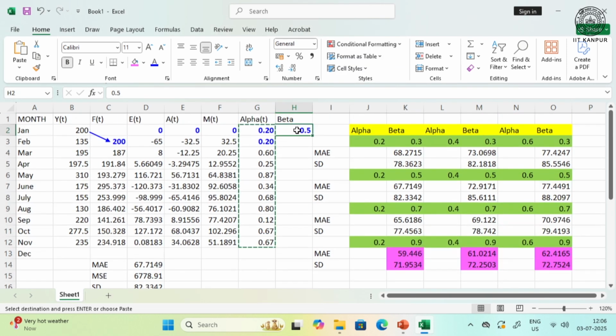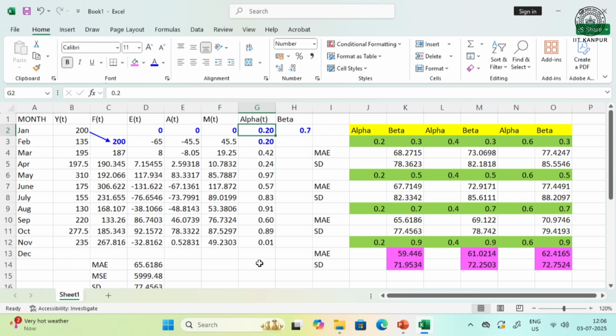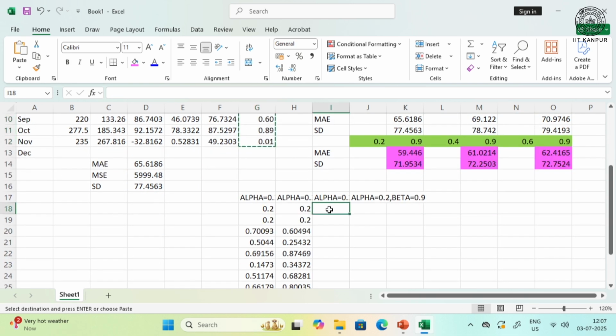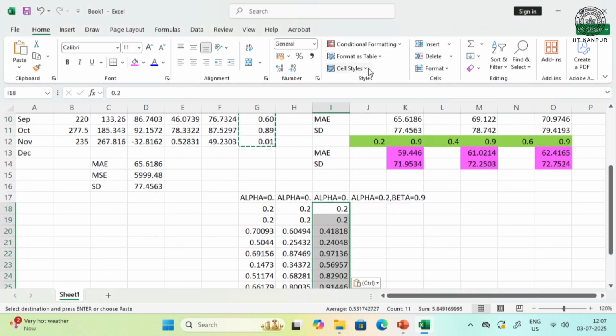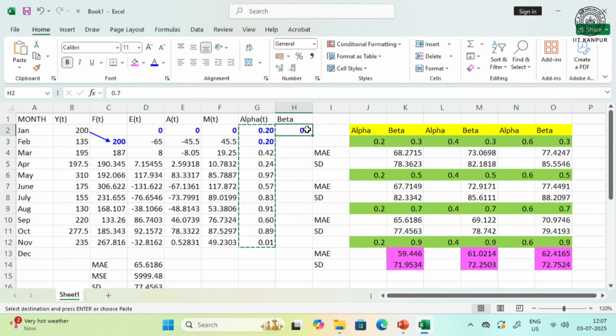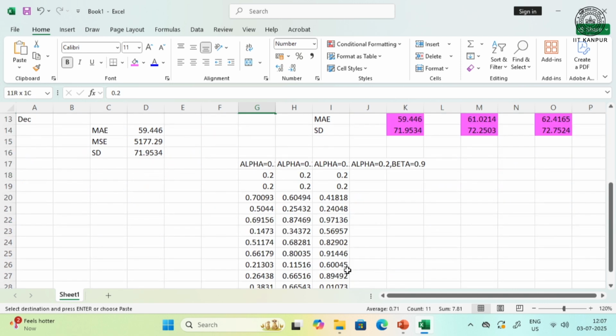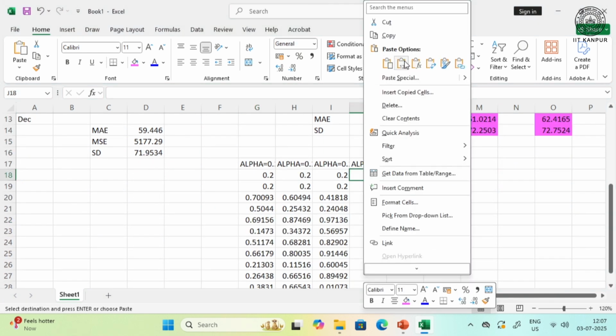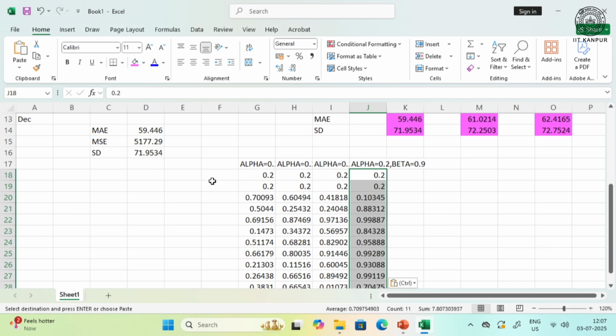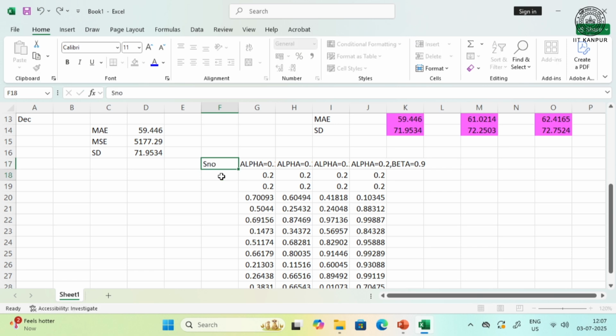Now when I make 0.7, I copy the alpha values. I am only interested in the alpha values. Error concept has already been discussed. And when I make beta 0.9, now if I draw it, I basically have the serial number 1.